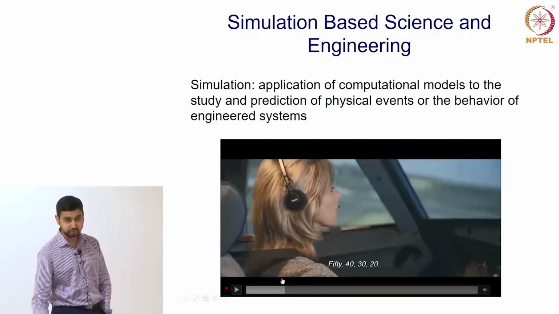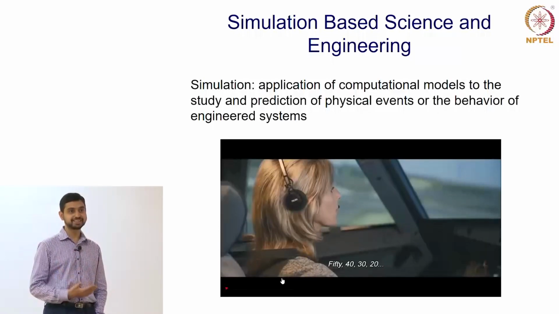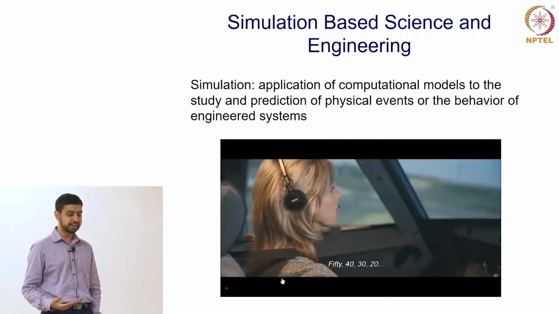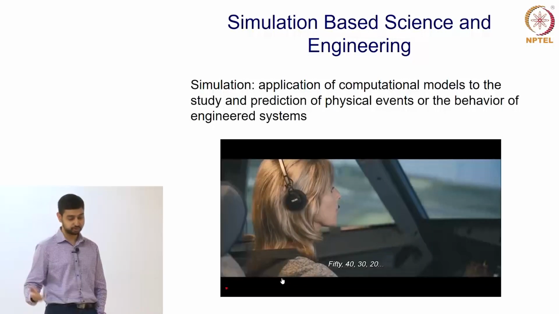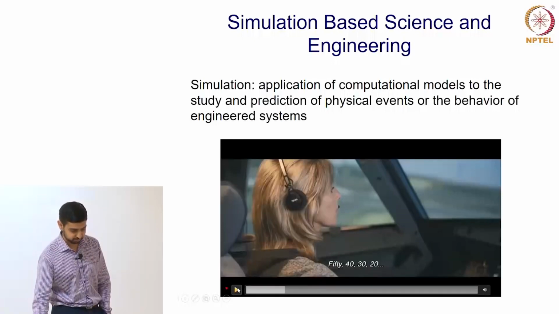So what they're trying to do here is figure out whether that was the best course of action for him to take, or whether he should actually have followed the guidance given to him by air traffic controllers and gone and landed it in a nearby airport. If you haven't seen this movie, I highly recommend it, by the way.